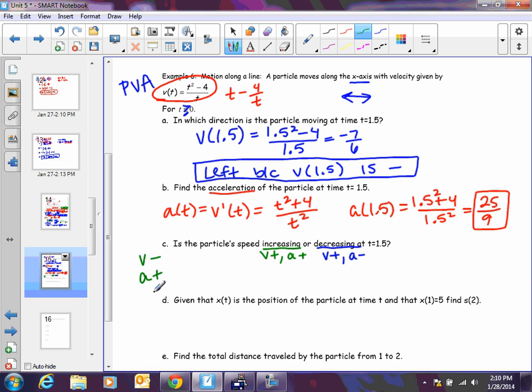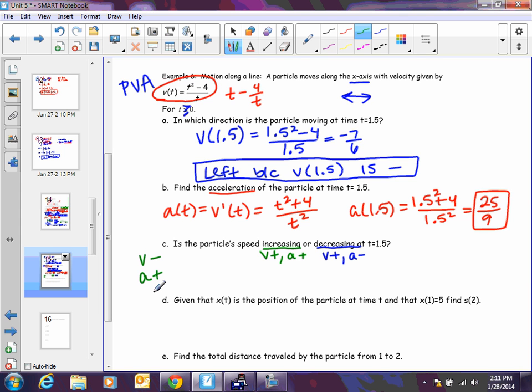So when the velocity is negative and your acceleration is negative, your velocity is decreasing. So imagine this. I'm in a car, I'm backing up, and I start out going negative 2 miles an hour, meaning I'm just reversing 2 miles an hour. Then I go negative 4 miles an hour, negative 10 miles an hour, negative 20 miles an hour.